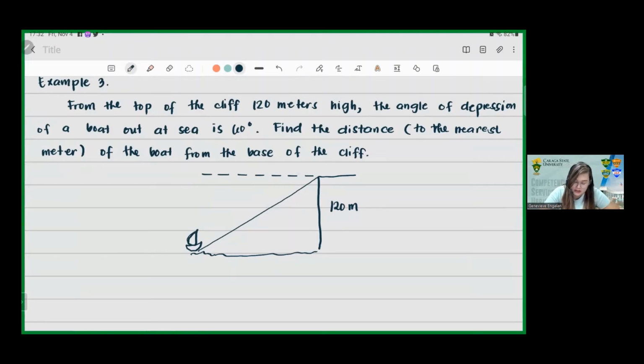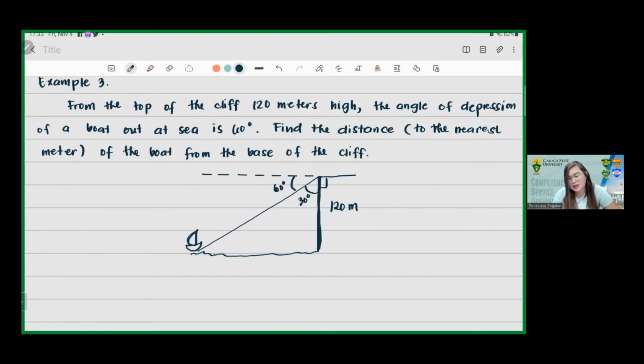Okay, so kini siya 60. So, this is a straight line man na siya. This is a right angle man na siya dira. So, pasabot, kung 60 ni, pila man ni? 30. Okay, 30. Kay they are complementary angles.